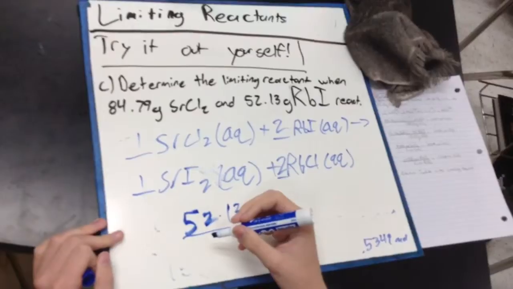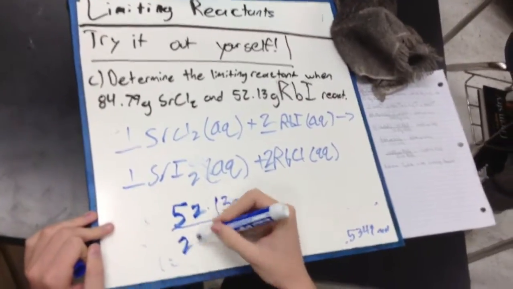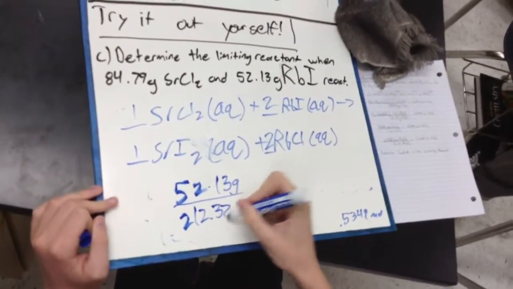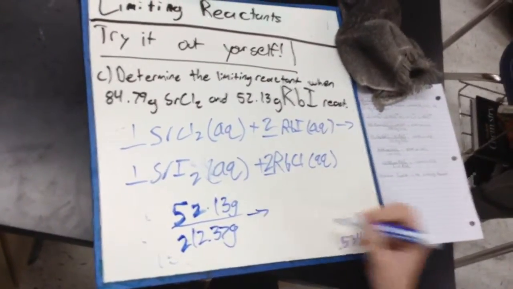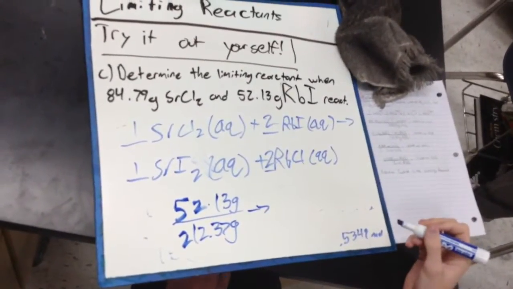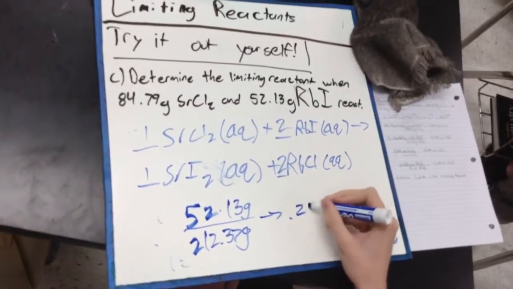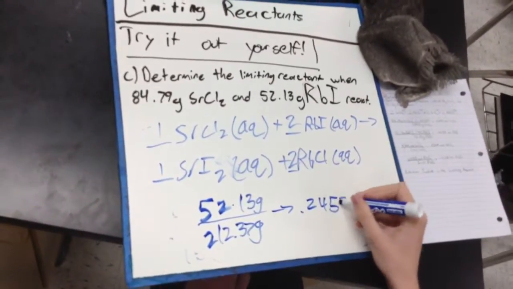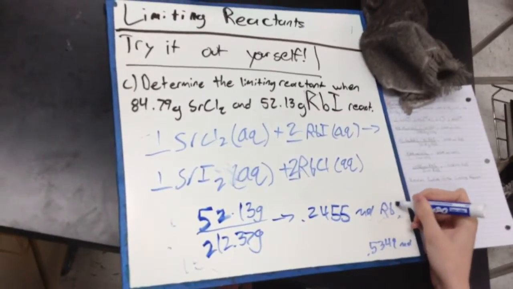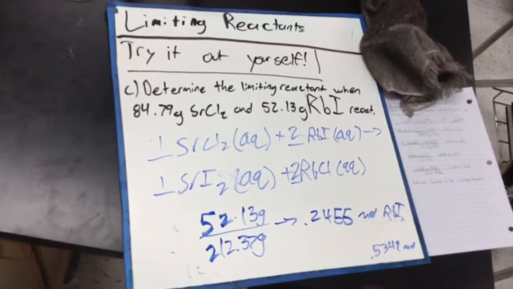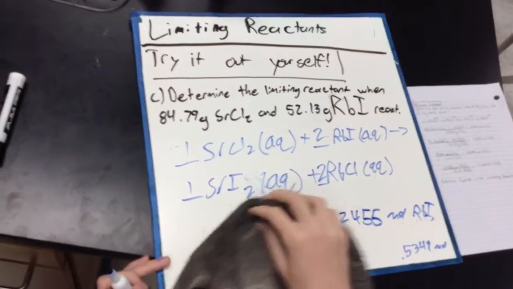And we can figure that is 212.37 grams, and after dividing that, you get 0.2455 moles of rubidium iodide. And we will remember that value again.